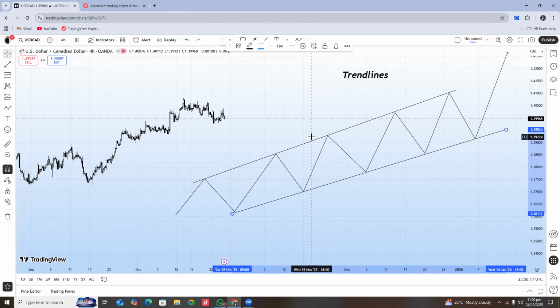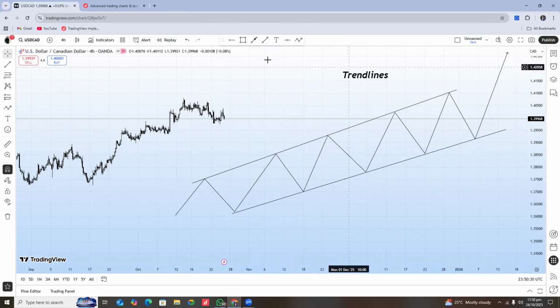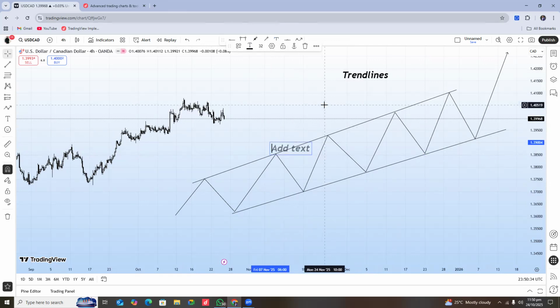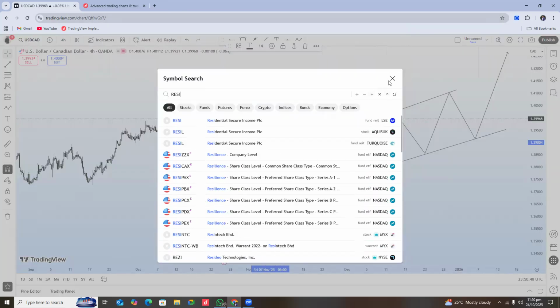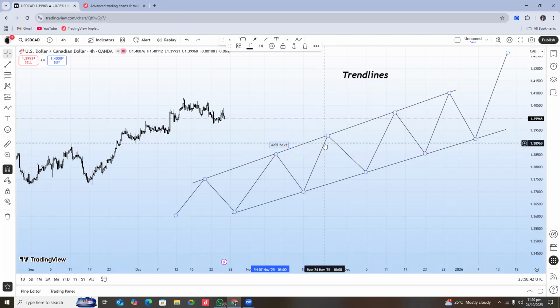Remember, when the market hits here, we say we sell. When it hits here, we sell. It hits here, we sell. So it means that this is what we call a support resistance trend line. So we call this one the resistance trend line.